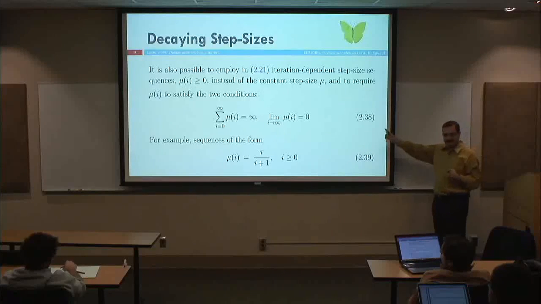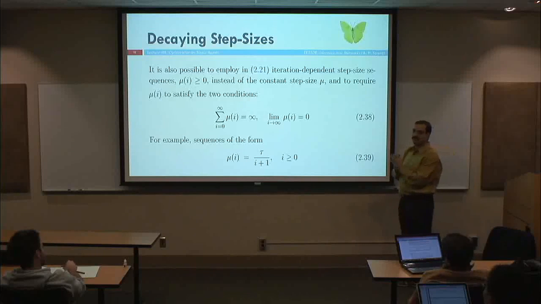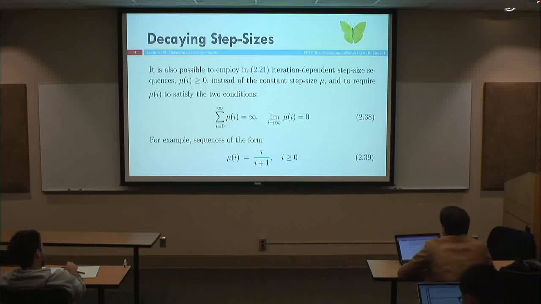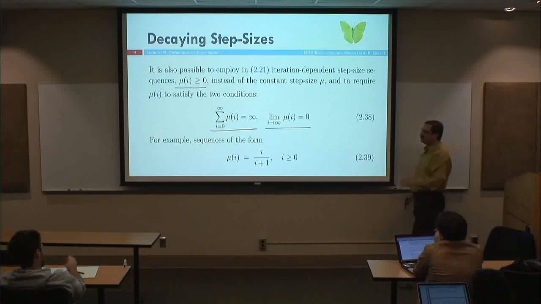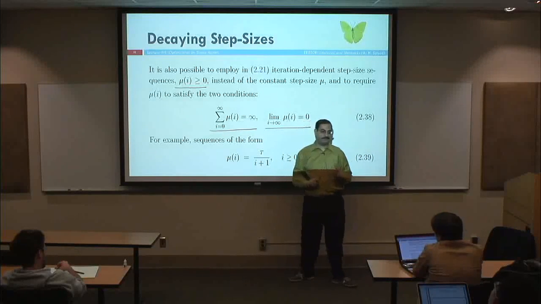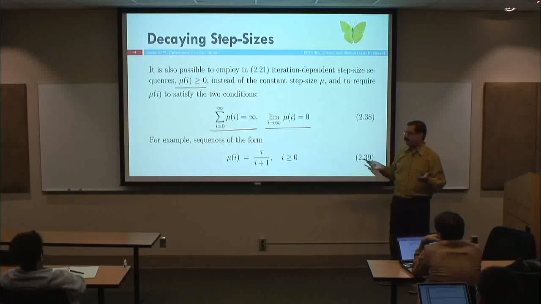You're going to see it's not here, but I want to introduce it here so that you can compare the arguments, okay? So let's assume that instead of a constant step size, you use a time-variant, iteration-dependent step size, and the step size satisfies these two conditions. The step size sequence goes to 0, but not fast enough, so the series diverges. For example, 1 over I is like that, right?